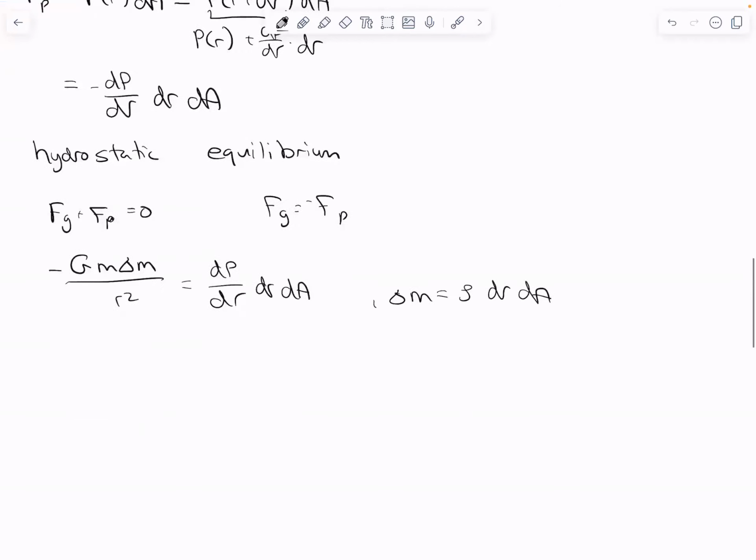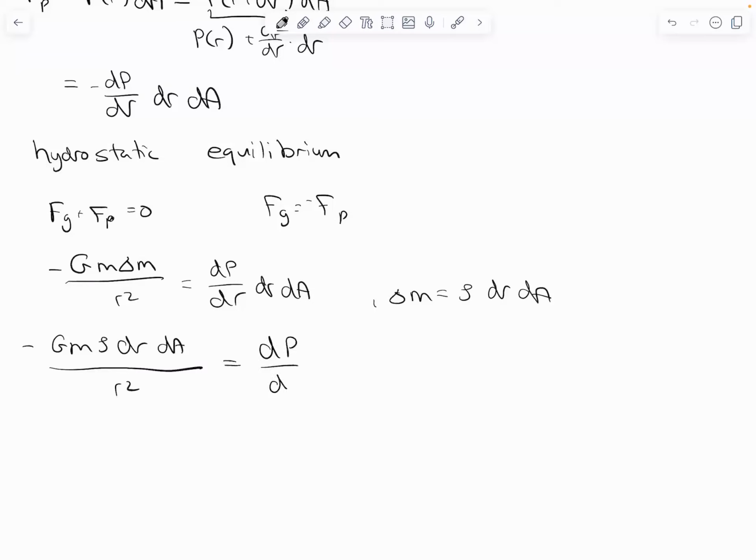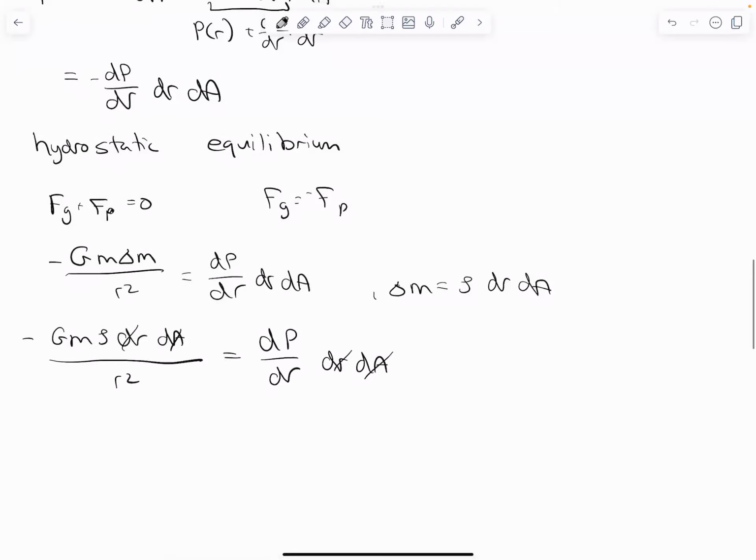And we end up with minus G M r rho dr dA over R squared equals dP/dr dr dA. We can cancel a few things out. And we end up with our final equation, which is dP/dr equals minus G M over R squared rho.